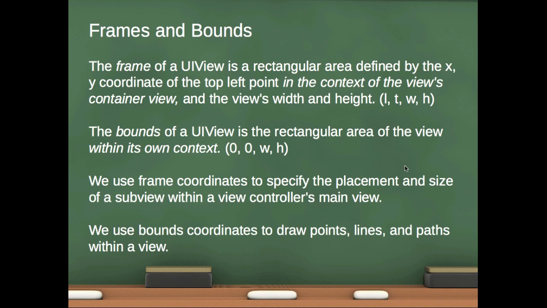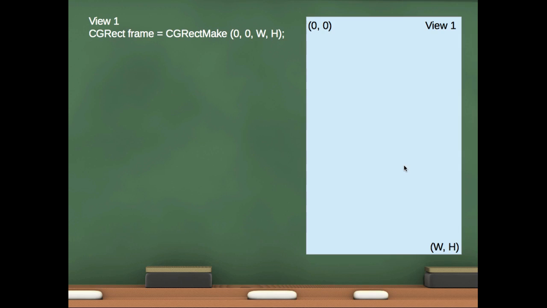So now let's dig into this a little bit deeper. Suppose we have here View1, and this is the entire size of the screen, let's say. View1's frame is going to be made by a primitive, CGRectMake, which actually makes a C struct. All of our Core Graphics framework stuff, all of this primitive stuff, is embedded in C structs and floats and C functions which do this stuff.